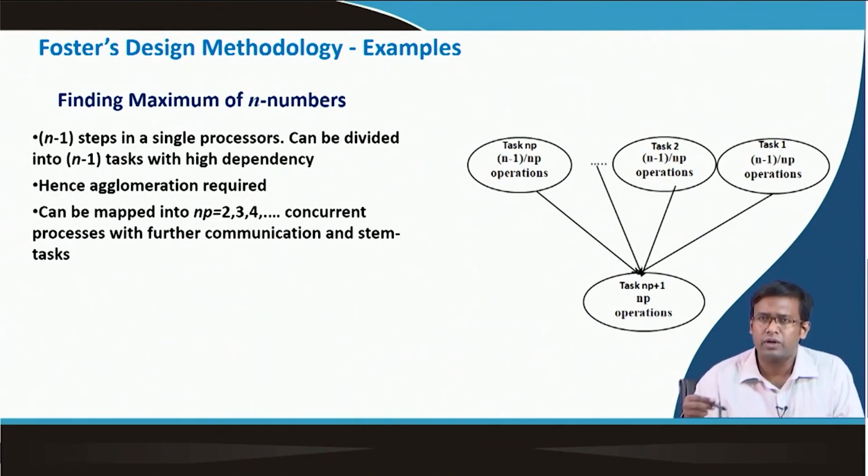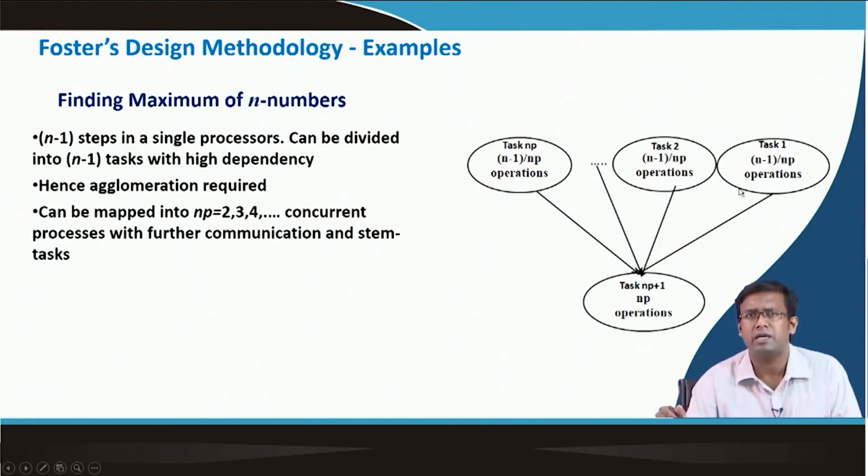Now, here we are also taking care of the fact that inside each agglomerated task, there are multiple tasks which are interdependent. So, the task dependency is also inside the local agglomeration, and then once it finds out the maximum.